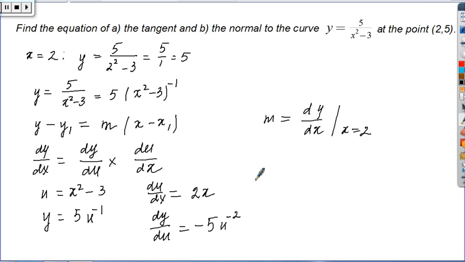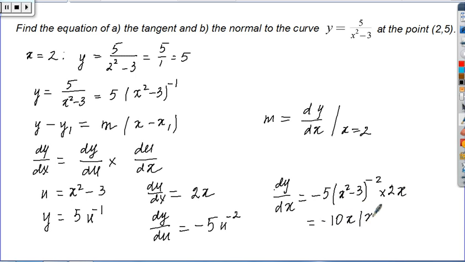So now we need to find dy by dx. dy by dx is going to be dy by du, which is minus 5, u is (x squared minus 3) to the power of minus 2, times 2x, which is minus 10x (x squared minus 3) to the power of minus 2.